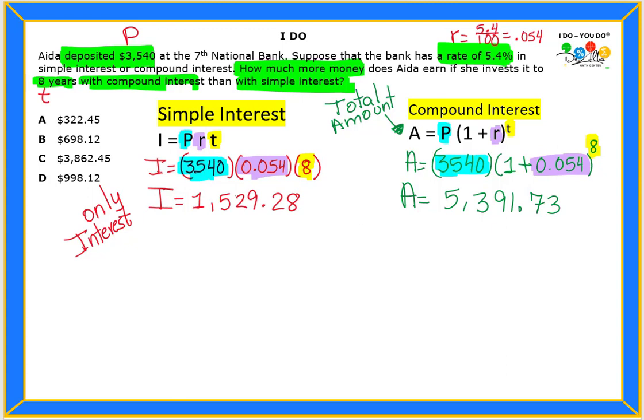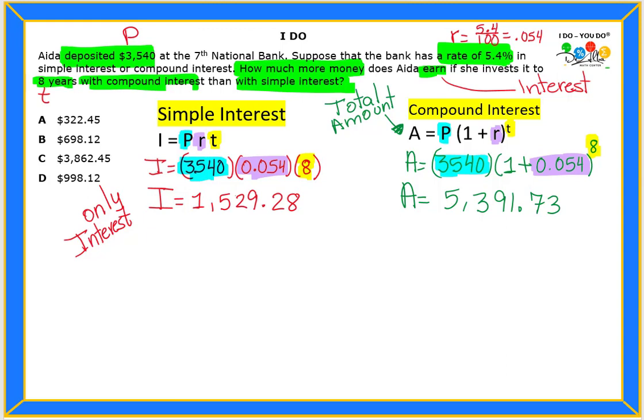Now remember, we're talking about earn, which is right here. That means interest, okay? So how much more interest would she get on the compound than on the simple? So please don't look at the numbers and say, oh, wow, in the compound, she earned $5,391. No. That's how much money is in the bank after those 8 years.